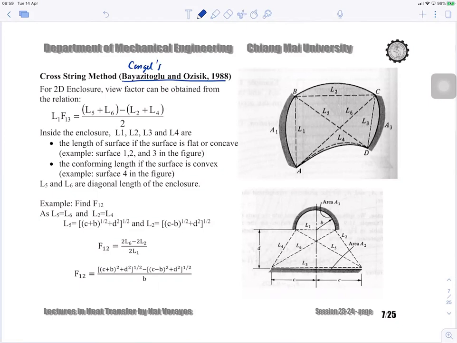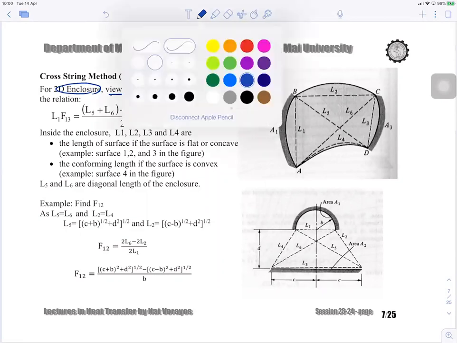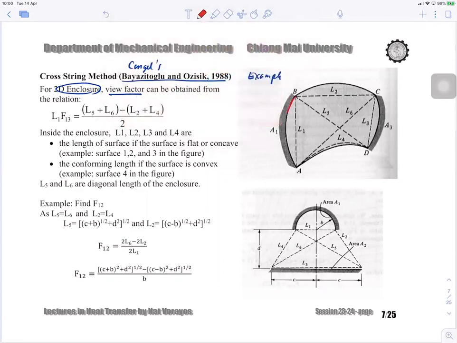This cross-string method is trying to find the view factor for a 2D enclosure. When I say 2D enclosure, you're going to have surfaces, for example, on the right hand side. Actually, you have only two surfaces, surface 1 and surface 2.